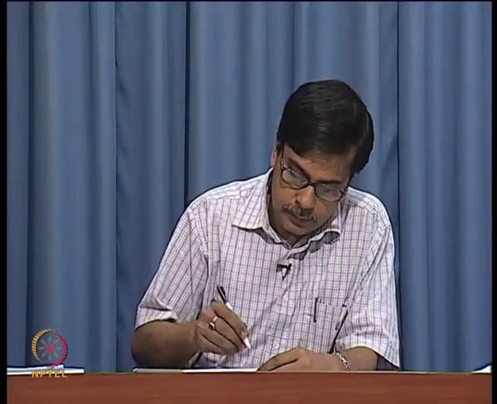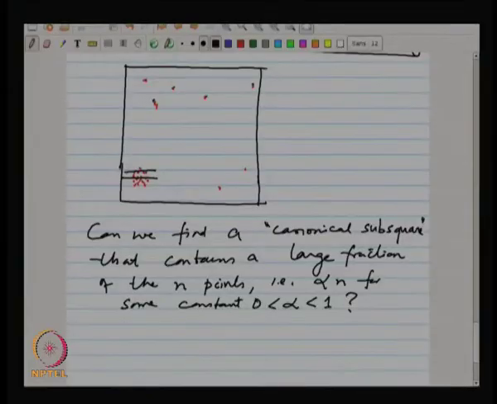In this particular case, of course, the entire cluster we may not be able to cover, but let us say at some level, maybe this is the dense subsquare, containing alpha n points, a substantial number of points. Then we can take out those points and construct the quadtree.